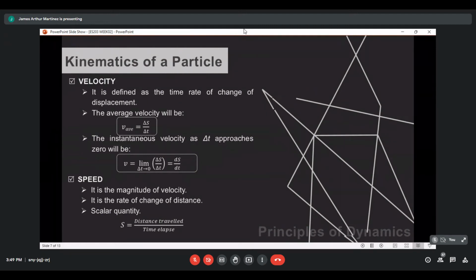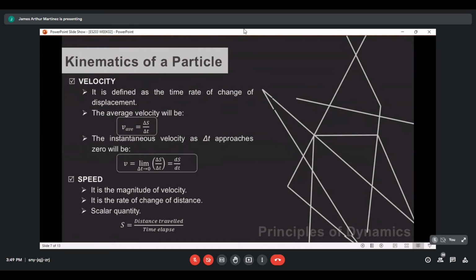So the instantaneous velocity as delta t approaches zero will be given as the limit of the change in displacement over the time interval as delta t approaches zero, which is just equal to ds over dt. So velocity, or the instantaneous velocity, is equal to ds over dt. What does ds over dt mean?